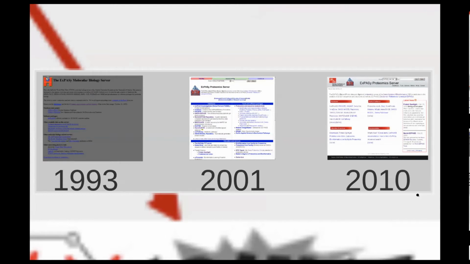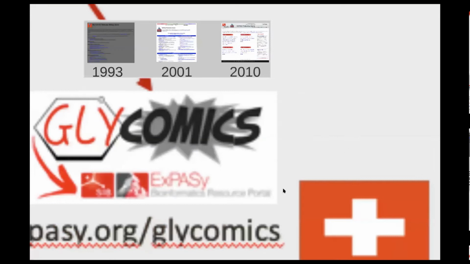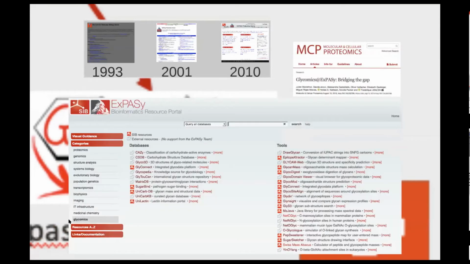And we thought that promoting glycomics on the XPC server, which was actually used by a lot of other people, especially in proteomics, was a good idea to start. So here we really introduced glycomics in the list of other omics so that it would be visible. And so the XPC, for those many years, has been collecting resources with two sections, database and tools.